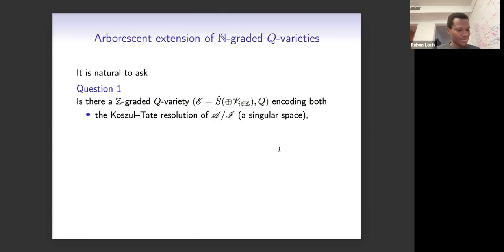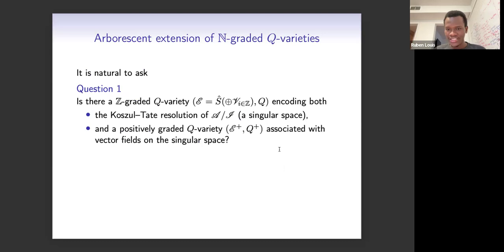So it is a very natural question. If you have a causal Tate solution of A over I, and then you have a positively graded Q variety, let me call it E plus Q plus, which is associated to vector fields on a singular space, for example, or in general with a Lie Rinehart algebra over A. Can you find a graded Q variety that includes both of them, so that the positive part of that Q variety is exactly this positively graded Q variety E plus, and the negative part is exactly the causal Tate thing?